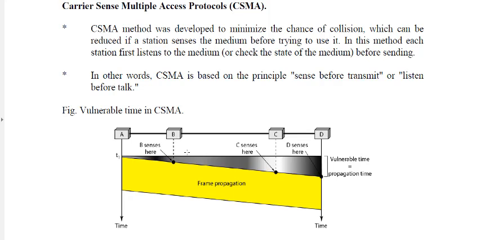If it is busy, don't transmit the packet. If it is idle, transmit the packet. But still, because a number of stations are listening to the transmission line and sensing the carrier, sometimes 3 or 4 stations start sending the moment the channel is idle, and that may lead to collision. So in CSMA also, collisions occur.